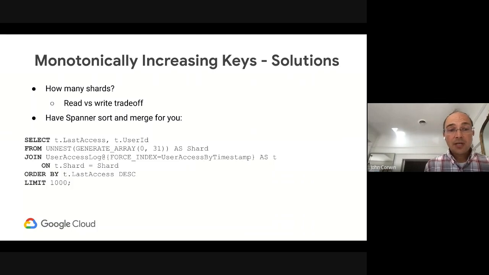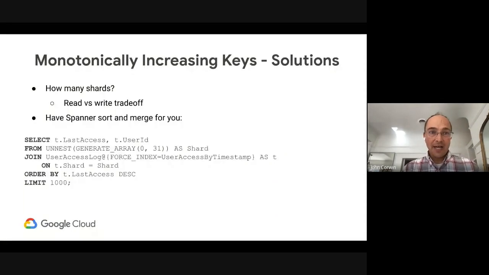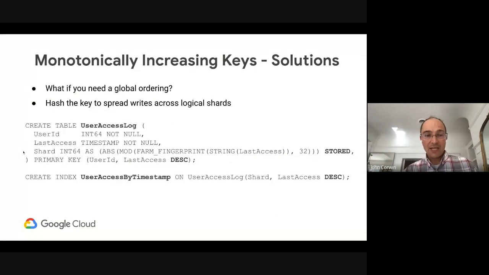Coming back to my example of how I created the shard, these generated columns are a really nice way of creating shards. You could create a new column using a different expression to give yourself more shards, and then a new index on that, and then switch your queries over to the new index. That gives you a relatively easy way of getting to more shards if you find that you need them.